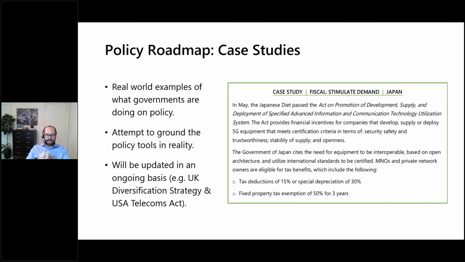As I say, this is an area where we have a couple of examples in the document at the moment. We could already add one or two more to them, and we'll continue to do that to ensure that we're grounding the policy tools in reality, but also taking best practices from around the world and ensuring that governments can learn from what their peers are doing elsewhere.